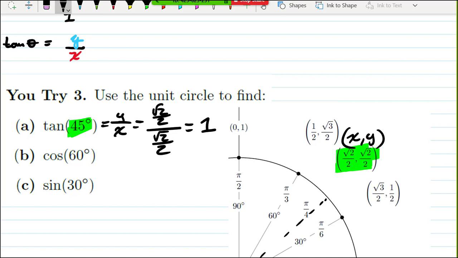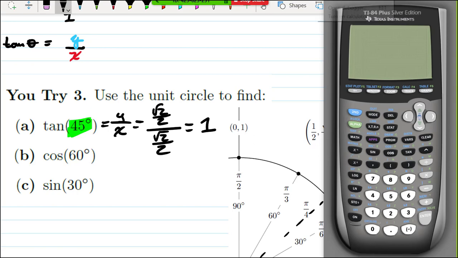And we can verify that with our calculator. If I go tangent 45, my calculator gives me this. Why didn't my calculator give me 1? The most common error when our calculator gives us the wrong values is if it isn't in the right mode. Notice I press my mode key, and my calculator is in radian mode.